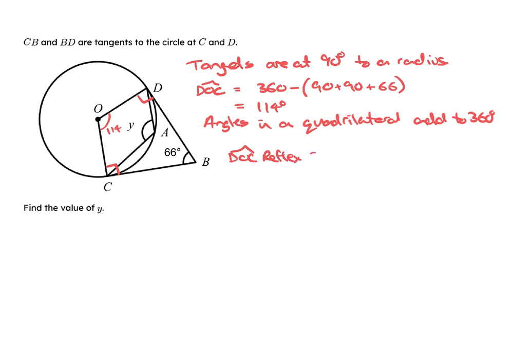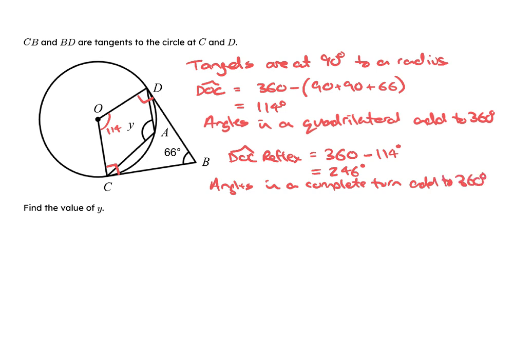DOC reflex is equal to 360 subtract 114, which equals 246 degrees, because angles in a complete turn add to 360 degrees. So this angle around here is 246. And then we get the bit where most students just don't spot it.